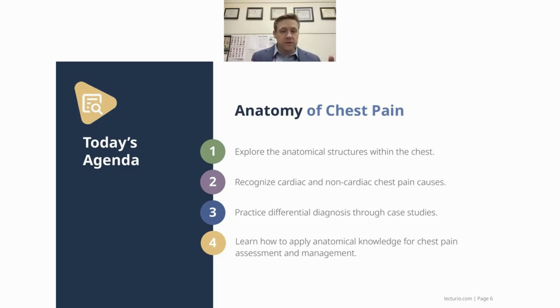And in doing so, we're going to practice going through a differential diagnosis through a couple of mini case studies, more like patient presentations, and make the connection, especially if you're early on or have yet to begin your training in healthcare fields, to really understand how the anatomy connects directly into these clinical presentations, right?